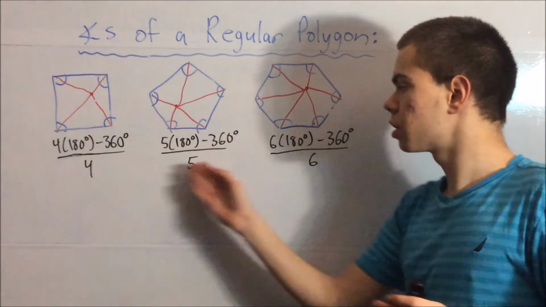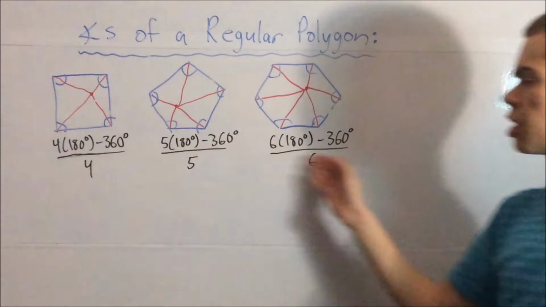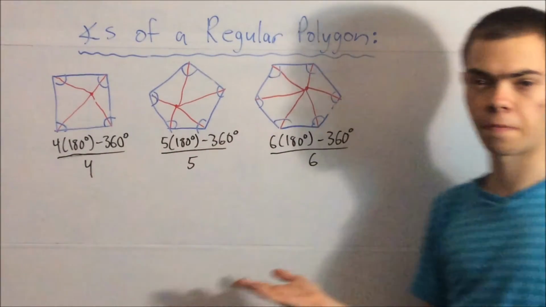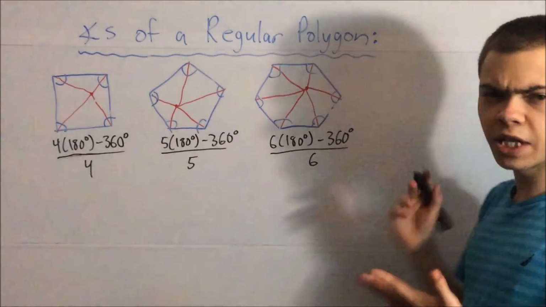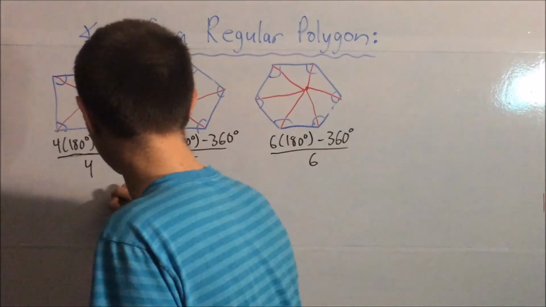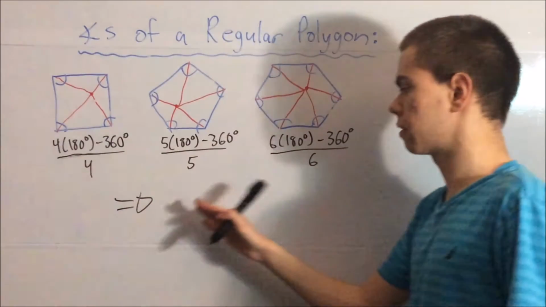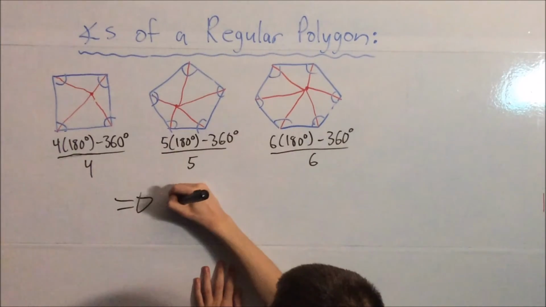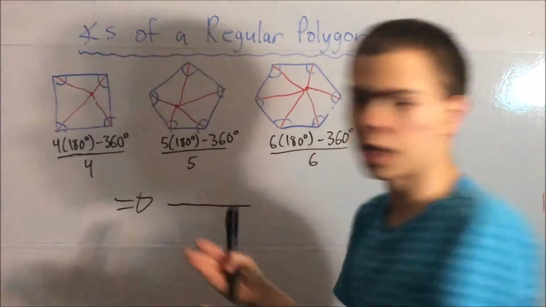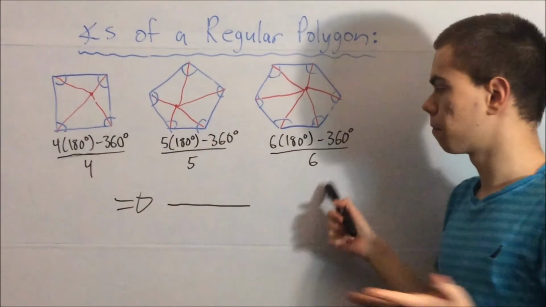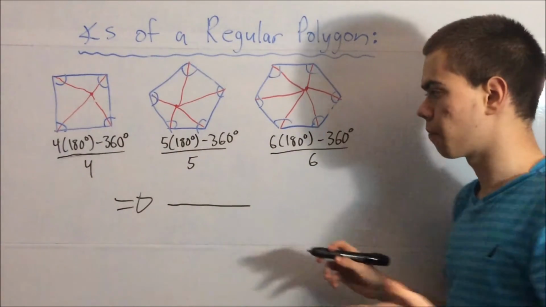As a result, you can see how each of these expressions that we made are really similar to each other. We could write a general expression for what each of these could be, for any regular polygon.